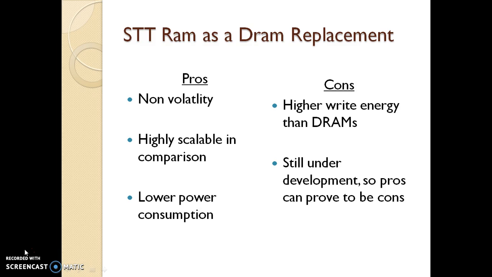Let us now see the advantages and disadvantages of replacing a DRAM with STT-RAM. The advantages include non-volatility, high scalability, and lower power consumption. The disadvantage, on the other hand, is that the STT-RAM uses higher write energy than DRAMs do, and as of now, the STT-RAM is still under development, so we cannot say for sure that the pros can be proven.